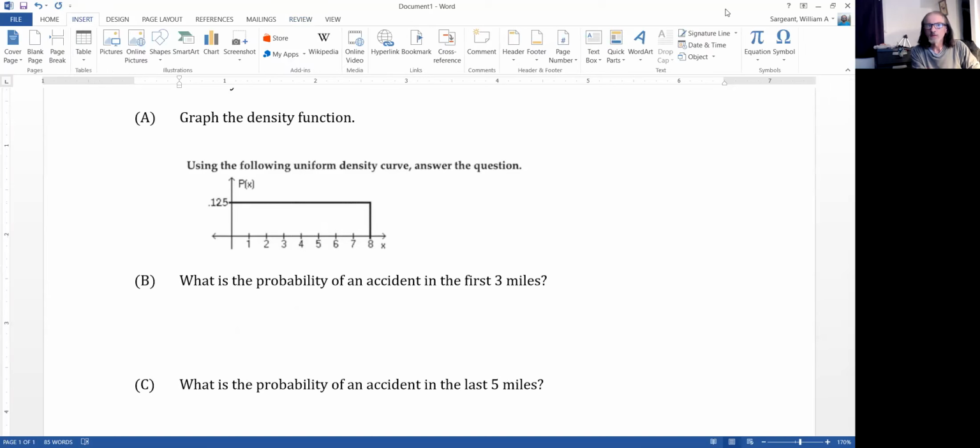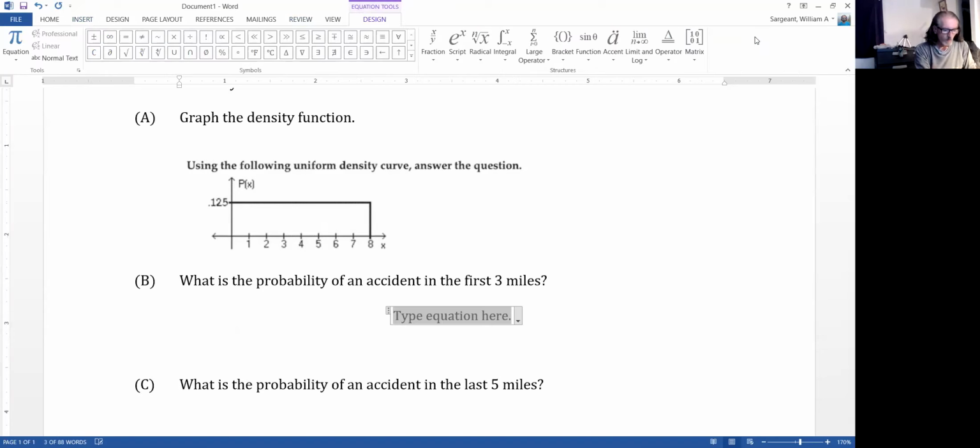I'm going to make this a little more than is needed, but I want to compare to when we have a finite sample space where the outcomes are equally likely. We took the size of the event over the size of the sample space.